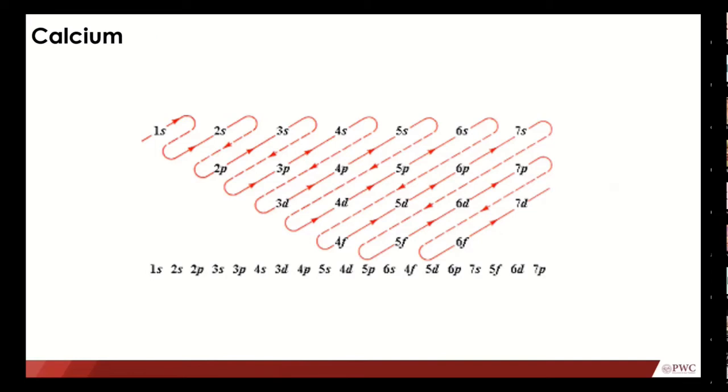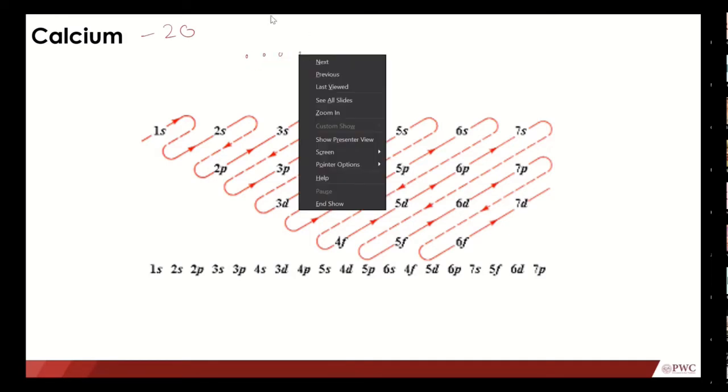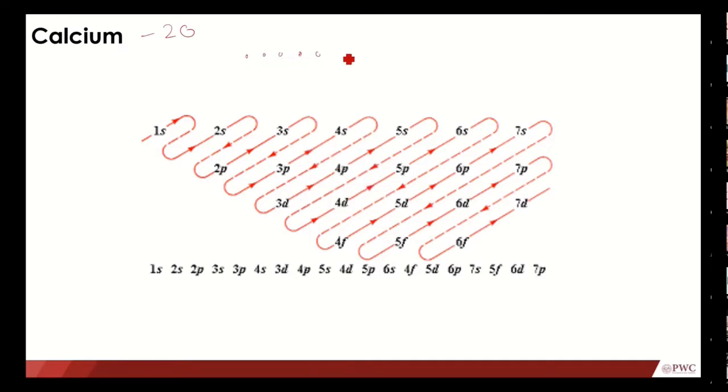None. Next, calcium. How many electrons? 20. Okay, it has 20 electrons. 1, 2, 3, 4, 5, 6, 7, 8, 9, 10, 11, 12, 13, 14, 15, 16, 17, 18, 19, 20.